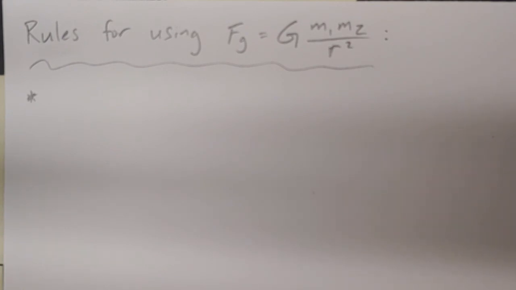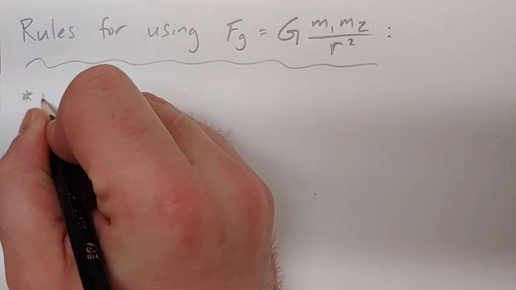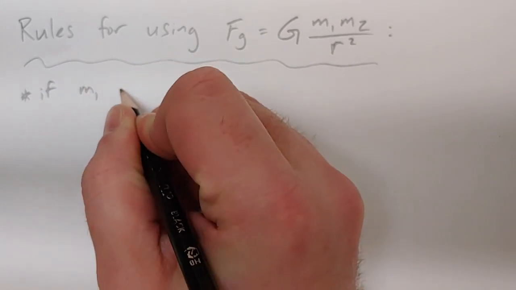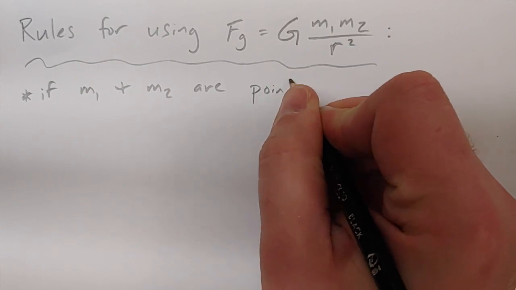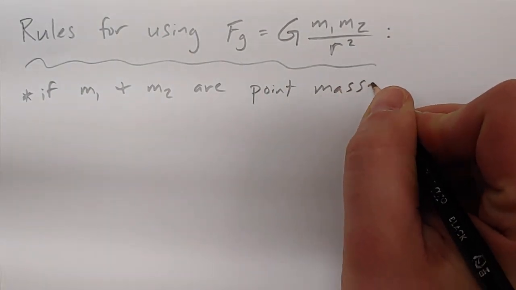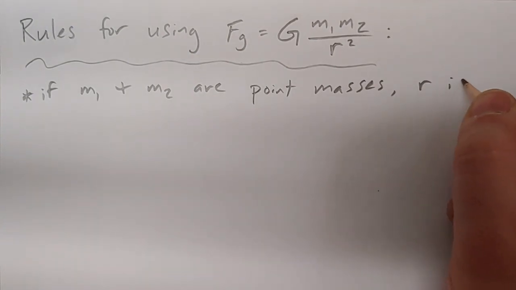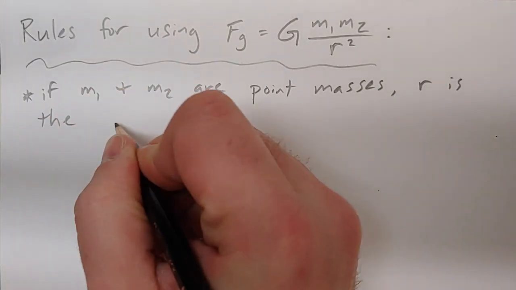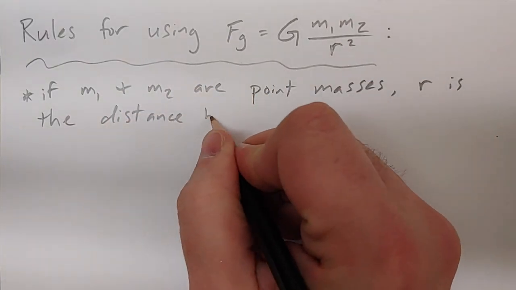So objects where all of the mass exists at a single point, or where they are far enough away from the other objects that if you just sort of squint, you can pretend that they're at a single point, and it'll be good enough. And so if M1 and M2 are point masses, use the equation exactly as you expect, and r is just the distance between them.